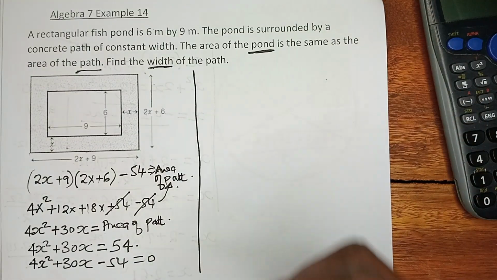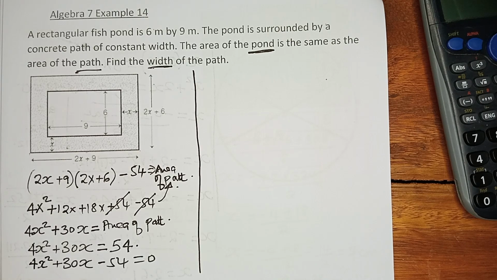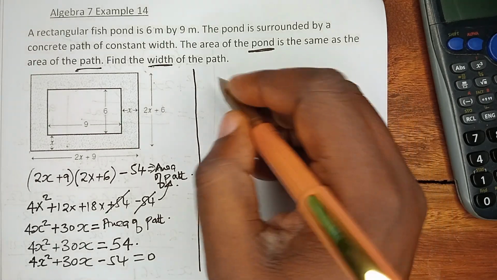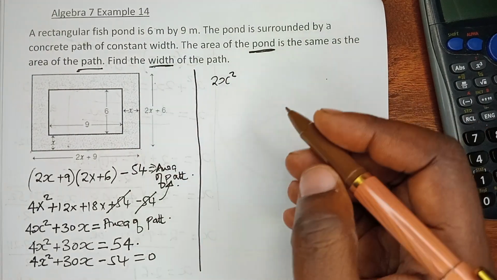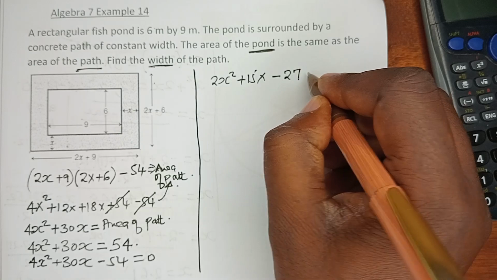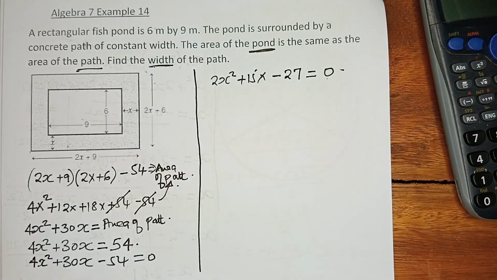Now we have a quadratic equation that needs to be solved. But before we go far, we need to simplify, because I can see this is a 4, this is 30, this is 54. As much as they are not all divisible by 4, they are all divisible by 2. So dividing everything by 2, we have 2x squared plus 15x minus 27 is equal to 0.